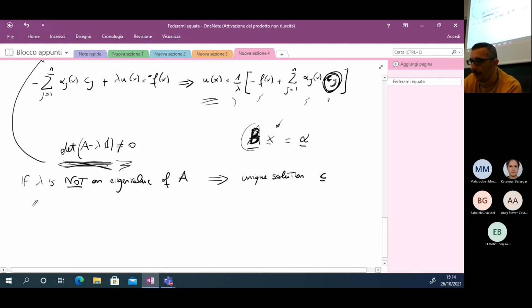On the reverse, if lambda is an eigenvalue of A, which basically means that the determinant of A minus lambda times the identity is equal to 0, then either you have no solutions or you have infinitely many solutions.